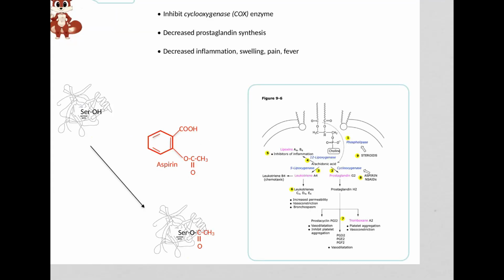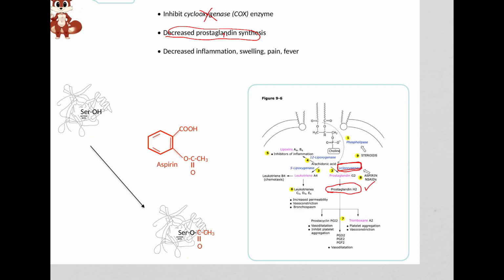We discussed eicosanoids such as prostaglandins in a previous video on lipids. Cyclooxygenase is an enzyme that is required for the synthesis of prostaglandins. So once this enzyme is inactivated or inhibited, there is decreased prostaglandin synthesis.